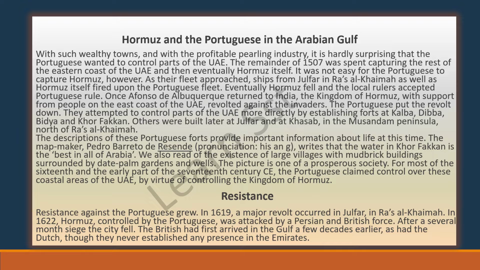With these twin forces, you have the attack in this region of Hormuz, which was controlled by the Portuguese. After several months, to be precise, after 10 weeks, almost 2.5 months, the siege ended, and the city which was under the control of the Portuguese was then under the control of these Persians and the Britishers.